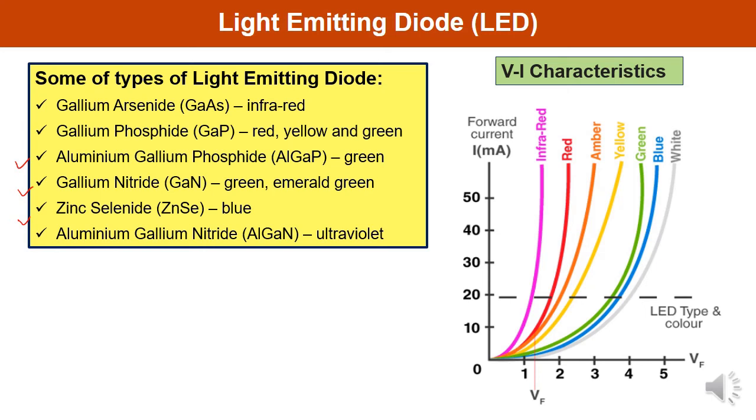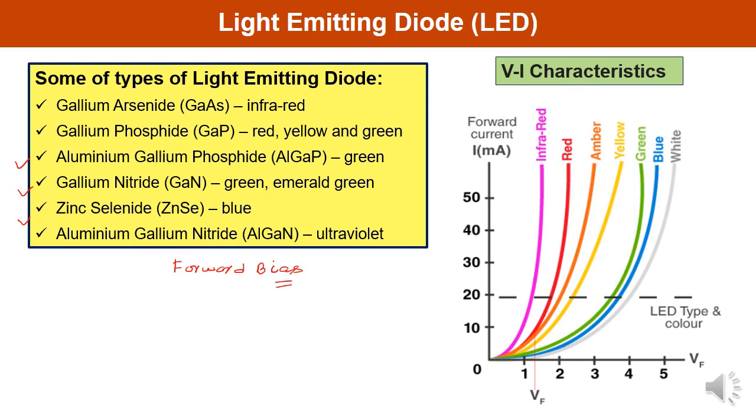Since you have already studied the PN junction diode VI characteristic in forward and reverse bias, you are aware that a light emitting diode works in forward bias. The battery must be connected in such a way that the P terminal is connected to the positive and N to the negative.